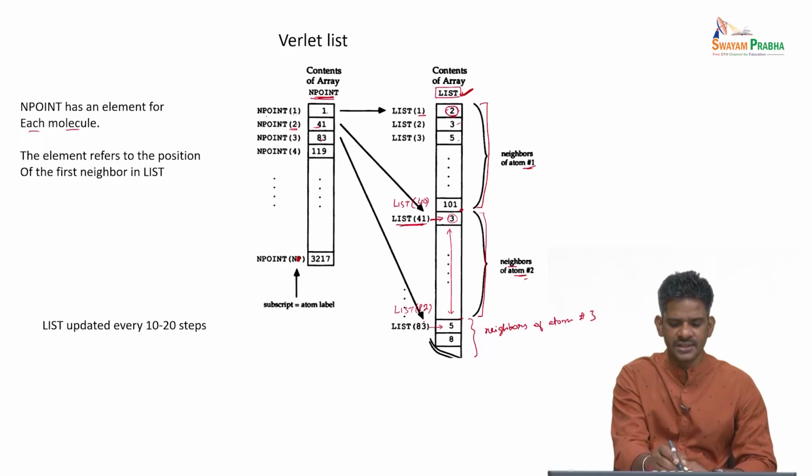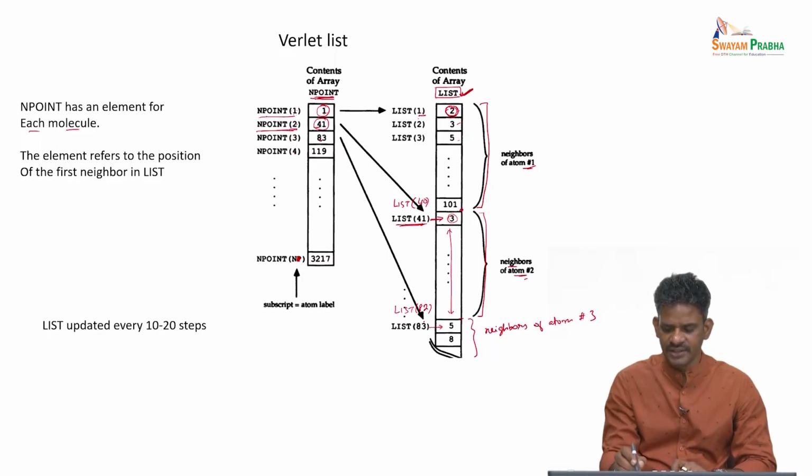So in this case, endpoint of 1 means this index here is an address for the list, and that will tell you which atom is the first neighbor. Similarly, endpoint of 2 will tell you address 41 in the list array, which gives the first neighbor of the second molecule, and endpoint 3 addresses 83, and this number 83 is the address of the list in which the first neighbor of the third molecule is present.